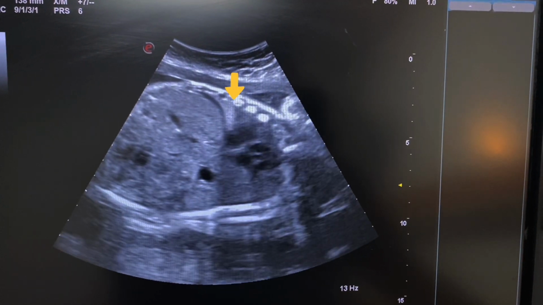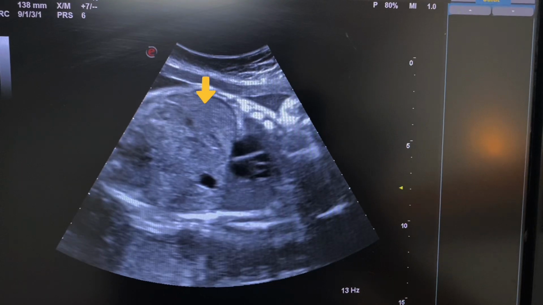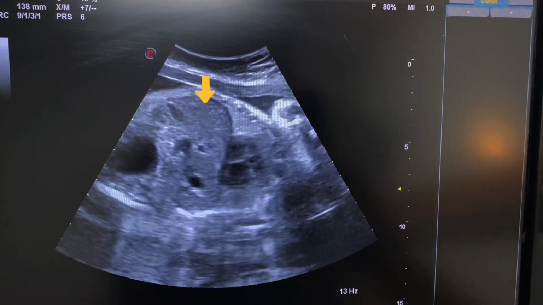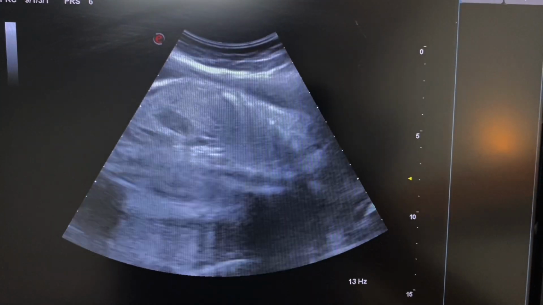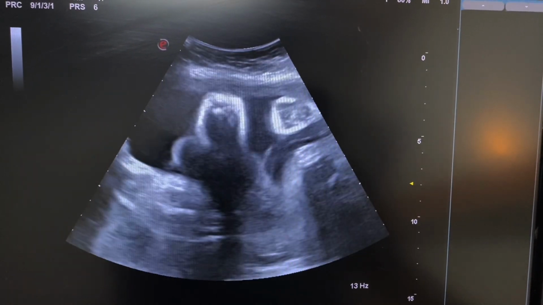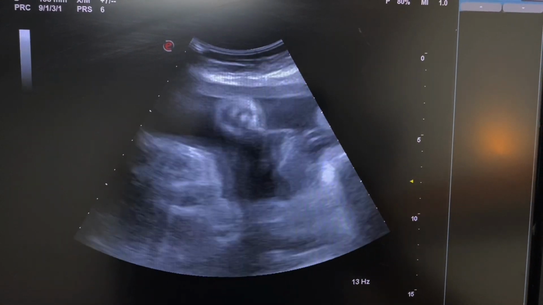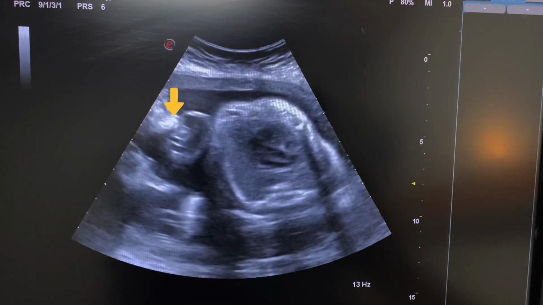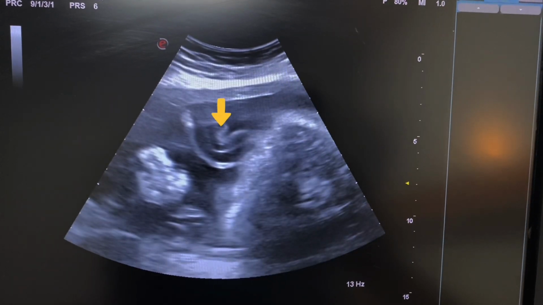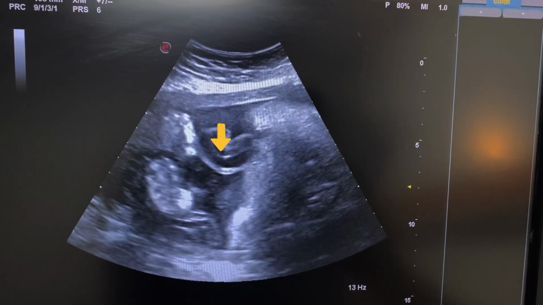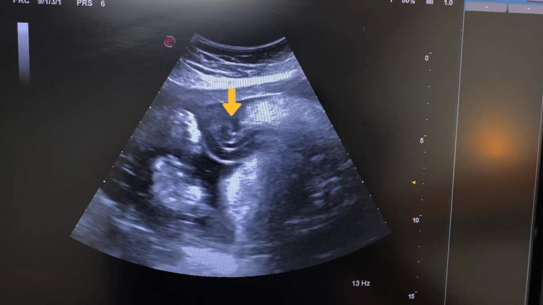Here we see the lungs and heart, and this is the liver. Here is the umbilical cord. It consists of two arteries and one vein. Here is the umbilical vein, and the anterior are the arteries.